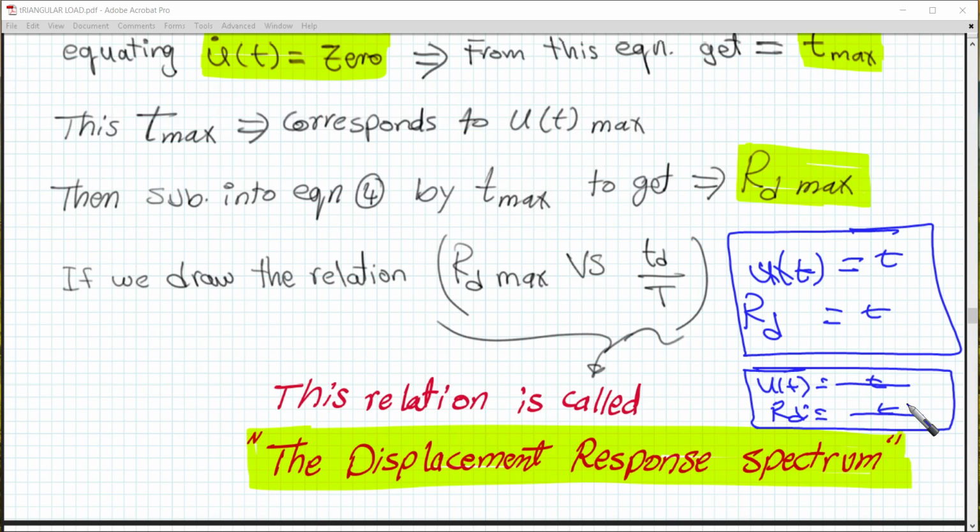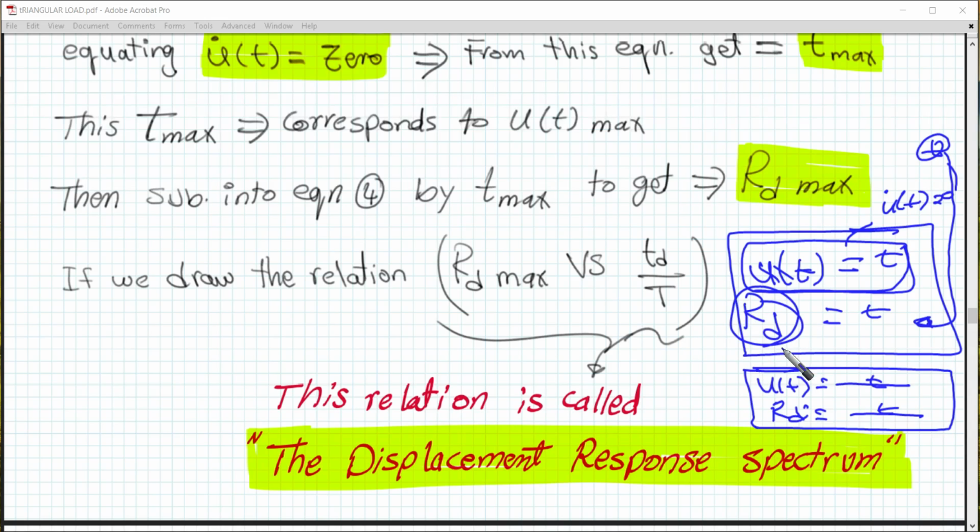So whenever I say that, we are going to get the first derivative, which is u dot of t, and equate it to 0. Then we are going to obtain t. And from this t, we substitute into the equation of rd. Then we can obtain the maximum dynamic response.